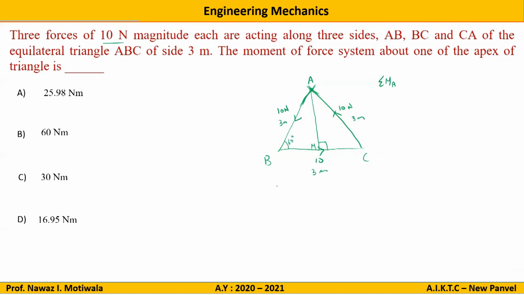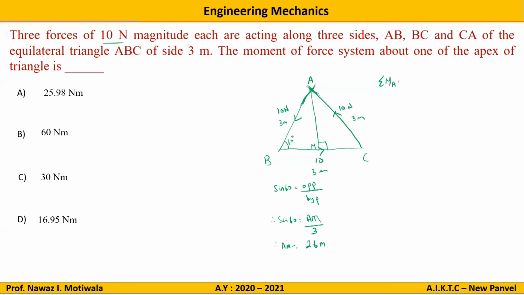I will use sine 60; sine theta is opposite upon hypotenuse. So sine 60 is equal to opposite, that is AM, divided by the hypotenuse 3. So AM is equal to 3 sine 60, which is nothing but 2.6 meters.